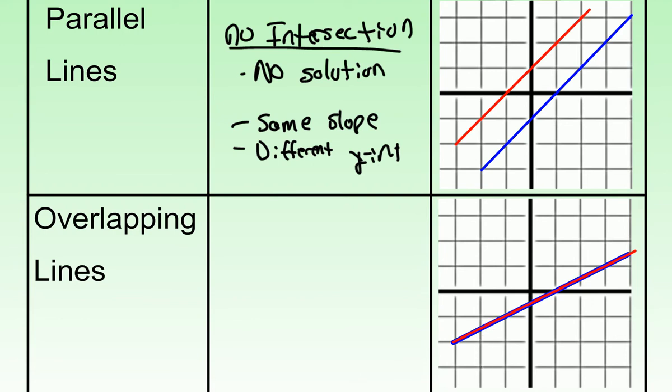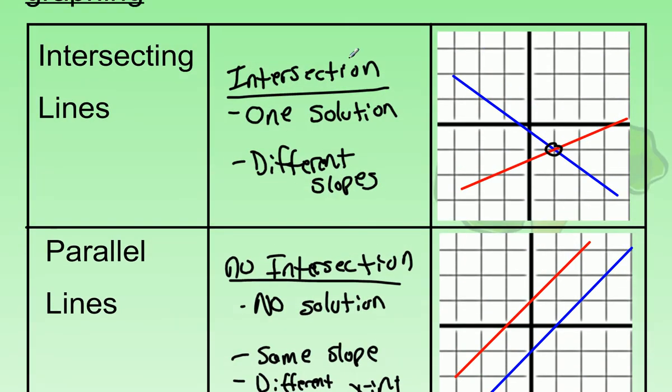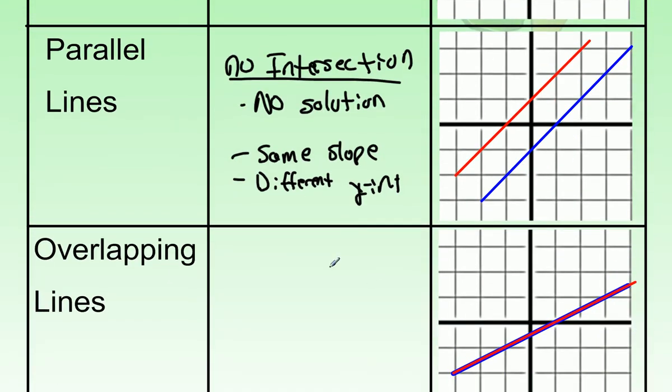So these overlapping lines, what do we know about them? Well, we know that there's not one intersection. There's not no intersection. They're intersecting everywhere. So there's an infinite number of intersections.